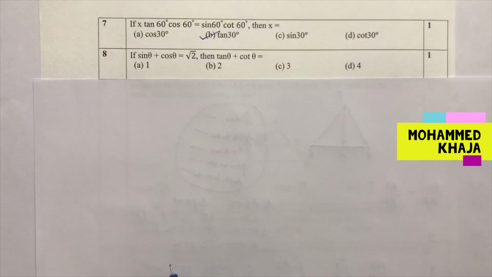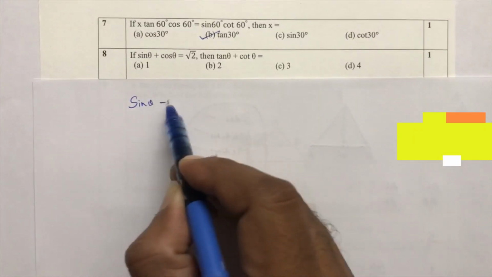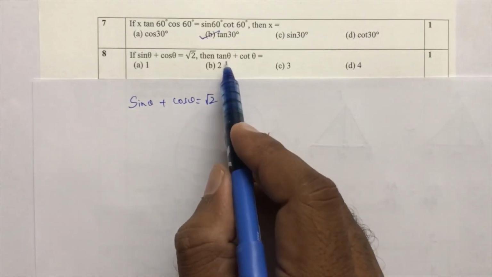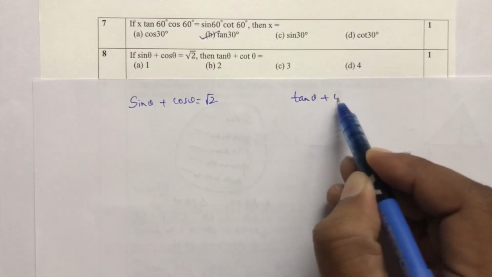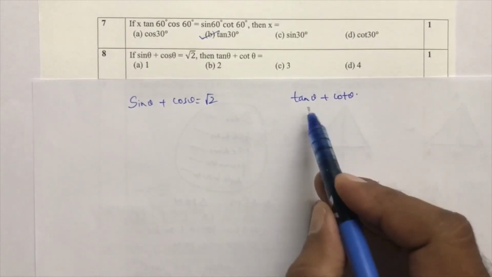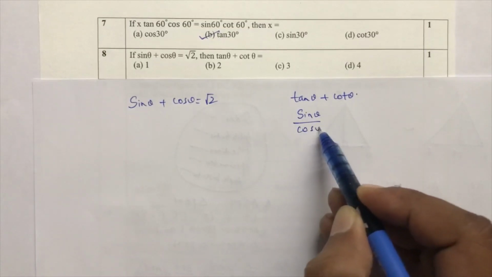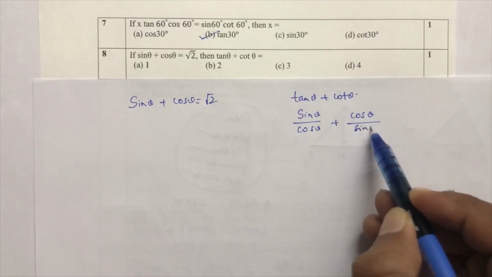Now here sin theta plus cos theta is root 2. We need to find tan theta plus cot theta. I'll write tan theta in terms of sin and cos, so I get sin by cos. Cot theta I can write as cos by sin.